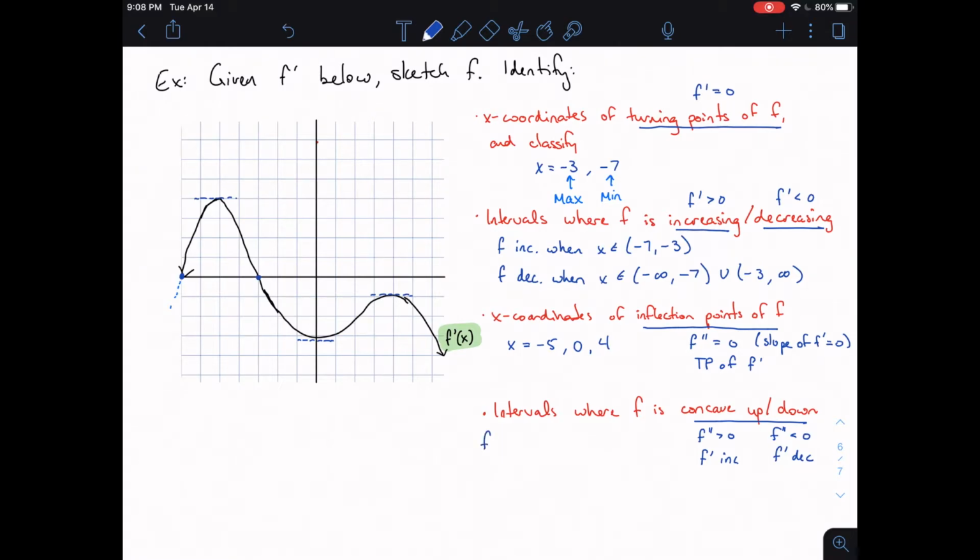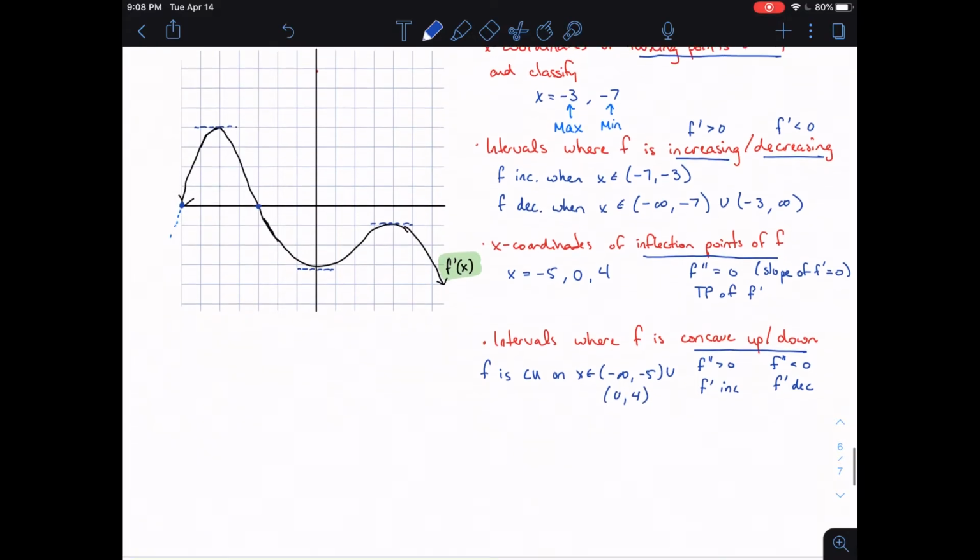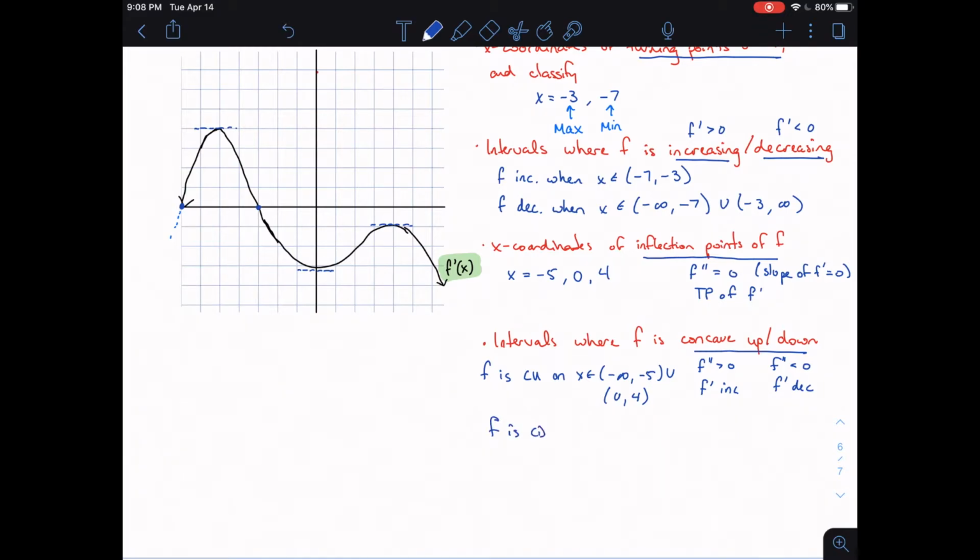So f is concave up wherever f prime is increasing, and that looks like it's going to be between -infinity and -5, as well as between 0 and 4. And everywhere else, this function is concave down because the derivative is decreasing.